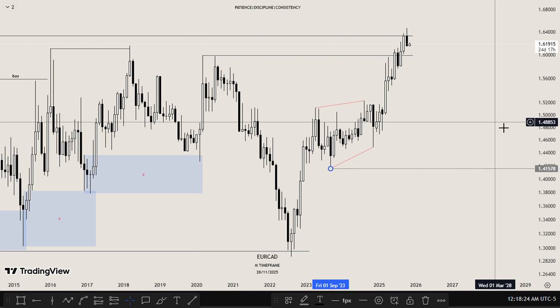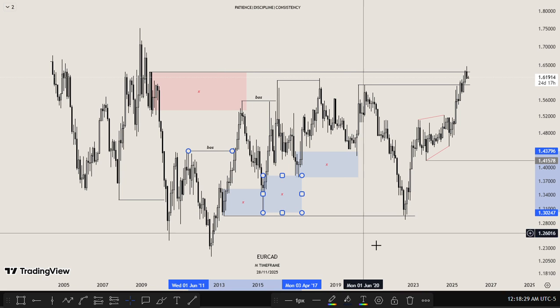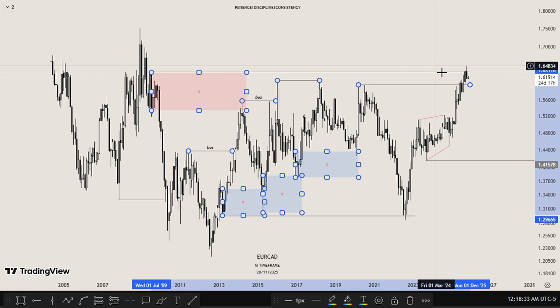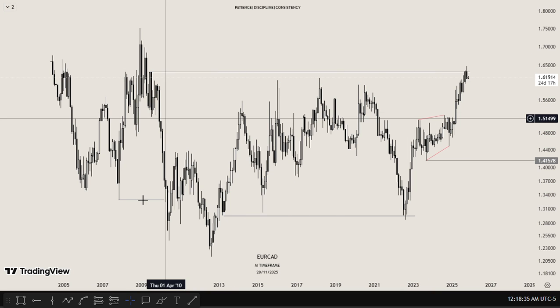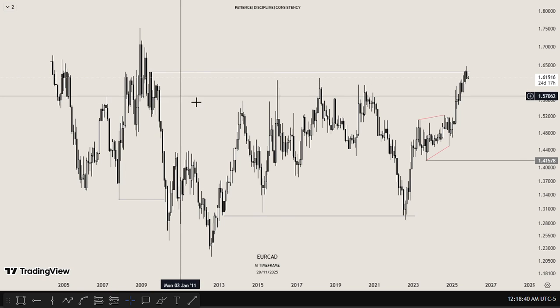So at this low, so we had this move to the upside, inducing buyers and taking out these sellers that were induced. Sellers induced, they entered at this order block.